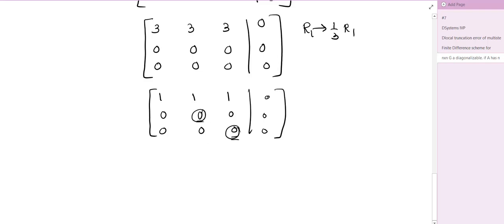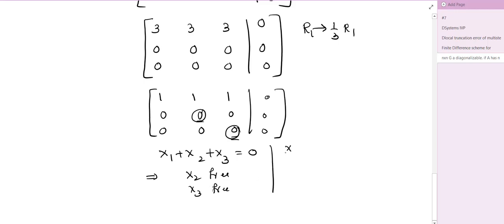Hence we can write the solution as x1 plus x2 plus x3 equal to 0, which implies x2 is free and x3 is also a free variable. Writing the solution further, x1 equals minus x2 minus x3, and x2 is free in the sense x2 is x2 only, x3 is free means x3 is x3 only.